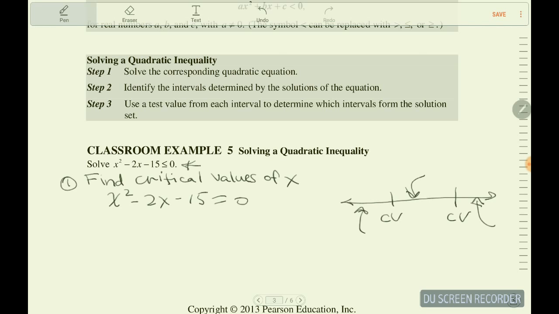So I'm solving this equation to find those critical values, and I'm going to use the zero product property approach.